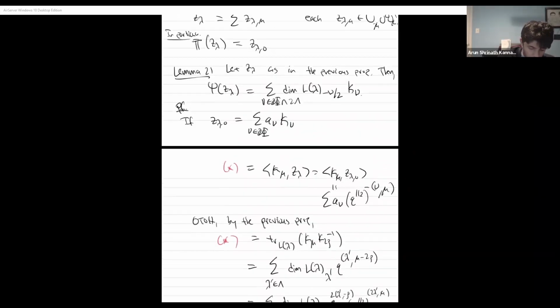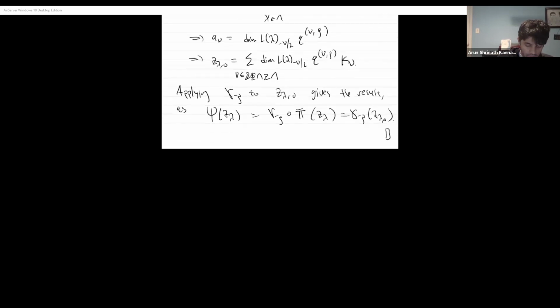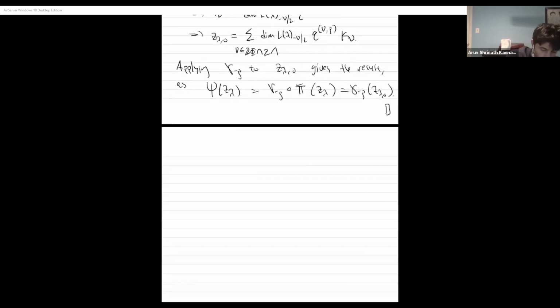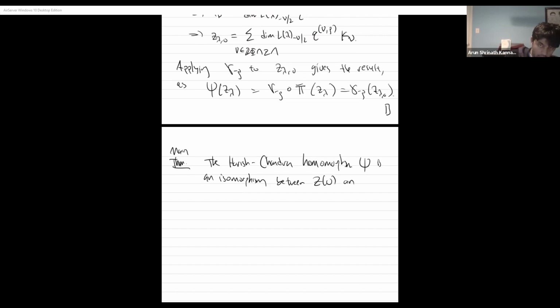And so we have the following, but now we have basically proven the theorem. So now we can state our main theorem again. The Harish-Chandra morphism psi is an isomorphism between the center and U0 to the W invariants.